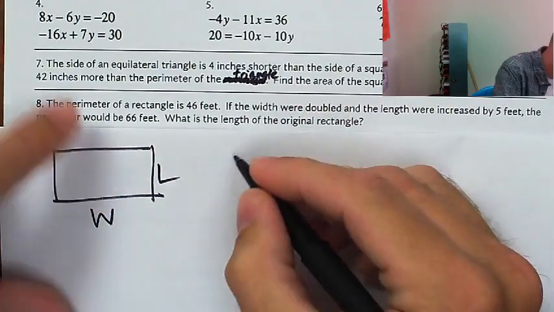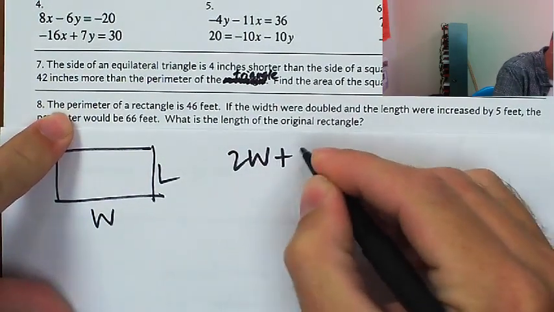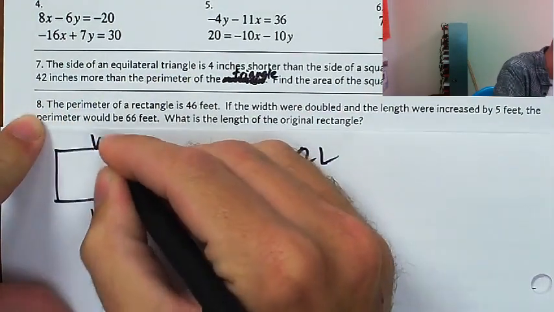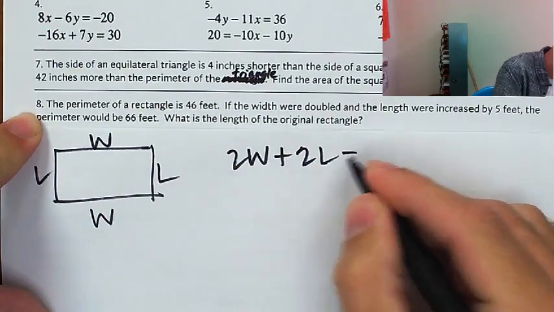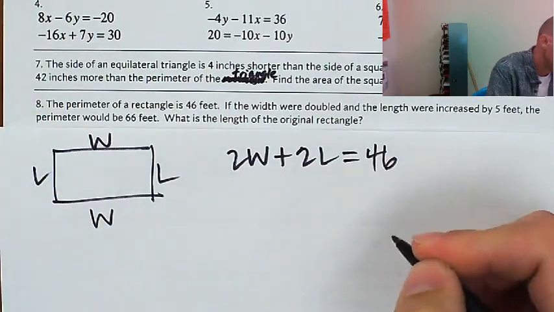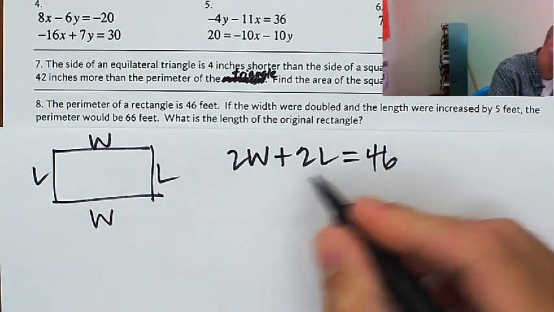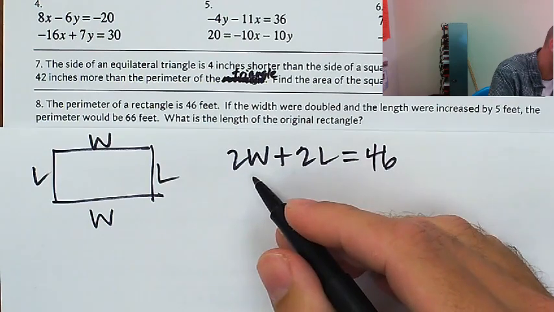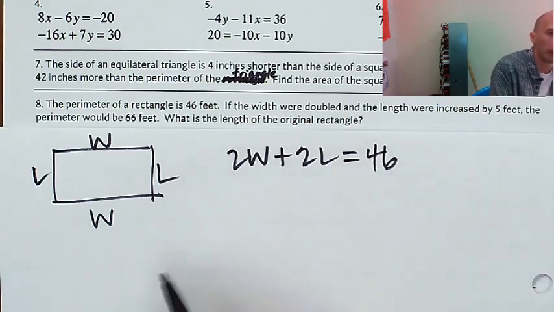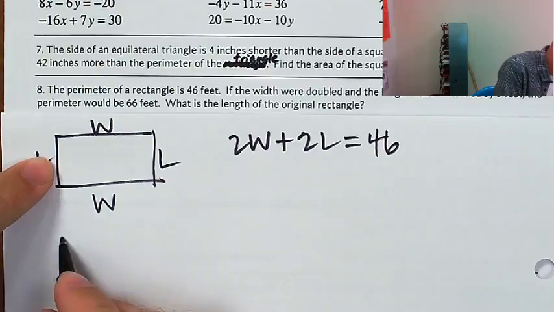Okay, so perimeter is 46. So 2 W's plus 2 L's. That's going to equal 46. If the width were doubled, you know what, I'm going to just draw a second rectangle.